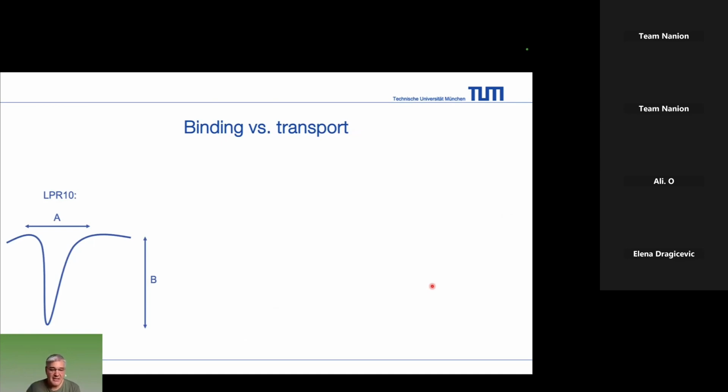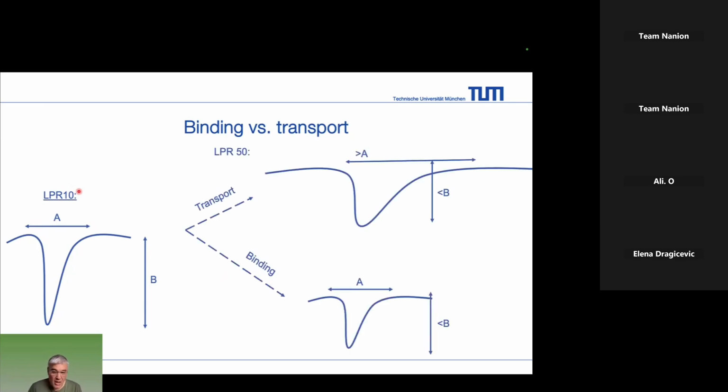Nevertheless, one of the things that you can do is, if we have now here the on peak, what we have is 2 components. We have the width of the peak, and then we have the current response here. And this here is the magnitude of the peak current. Now, this here is at an LPR of 10. When we vary the protein concentration and we change the lipid to protein ratio, you can do a couple of different things.